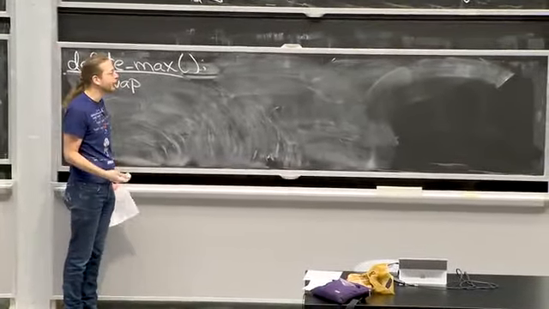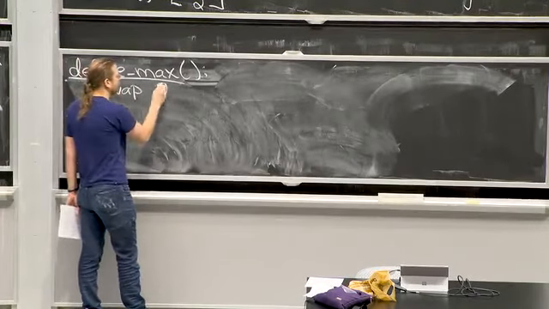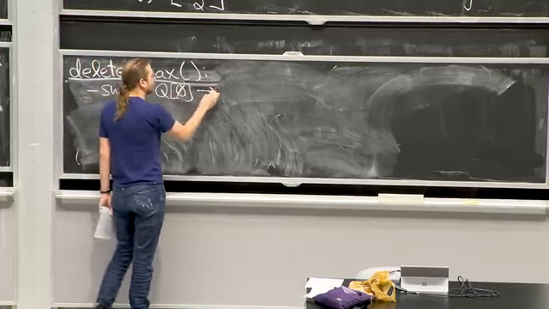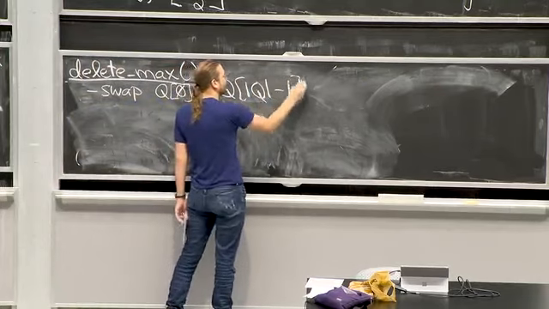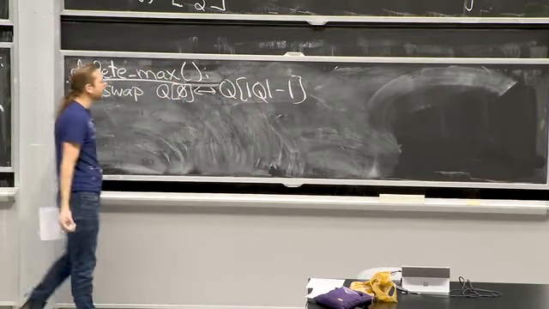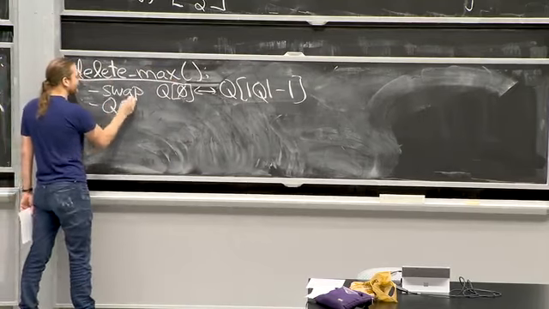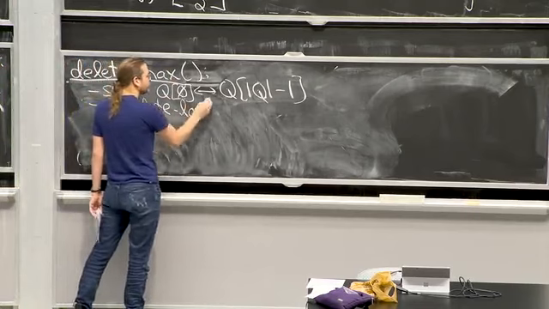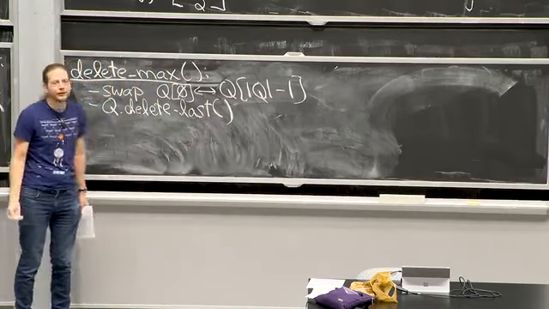We're only going to do swaps, which is something we had to do with trees also, binary trees. Q of 0 with Q of the last item. Great, done. Now we have the last item is the one we want to delete, so we do delete last, or pop in Python. And boom, we've now deleted the maximum item.